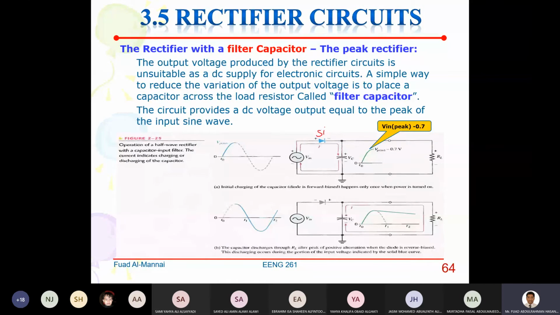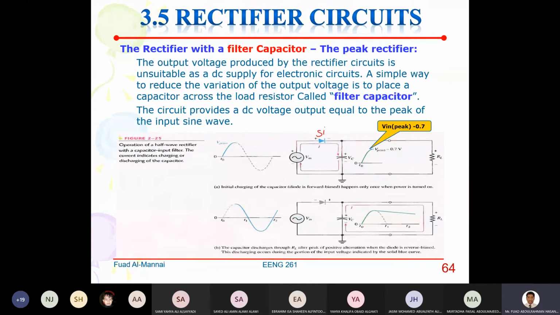So it will be like this. So if the Vin is equal to 5 volt, this capacitor will charge to what? 4.3 volt.